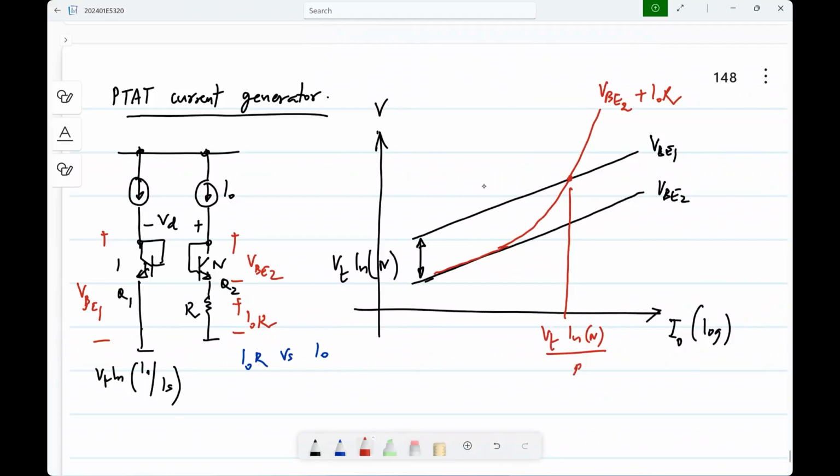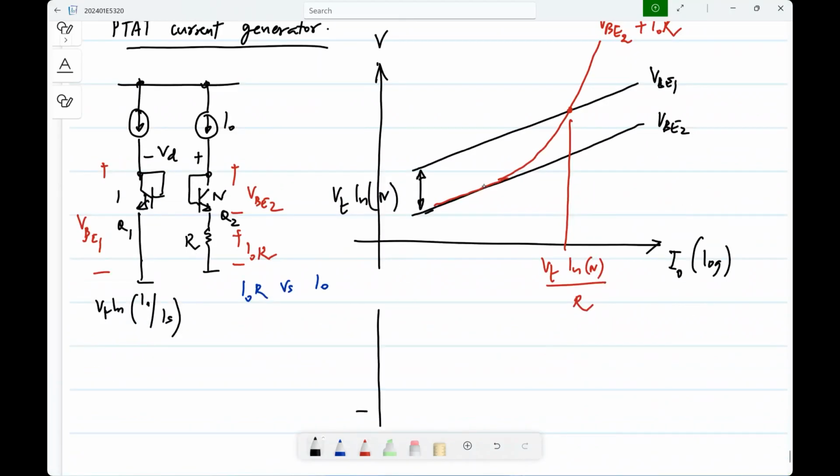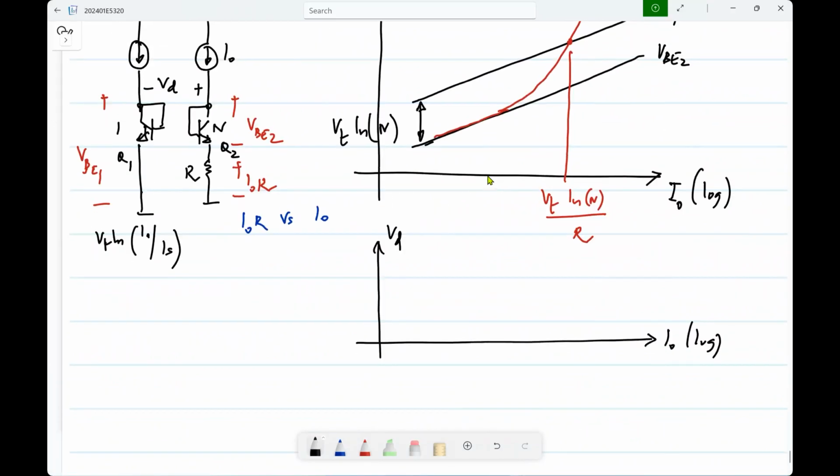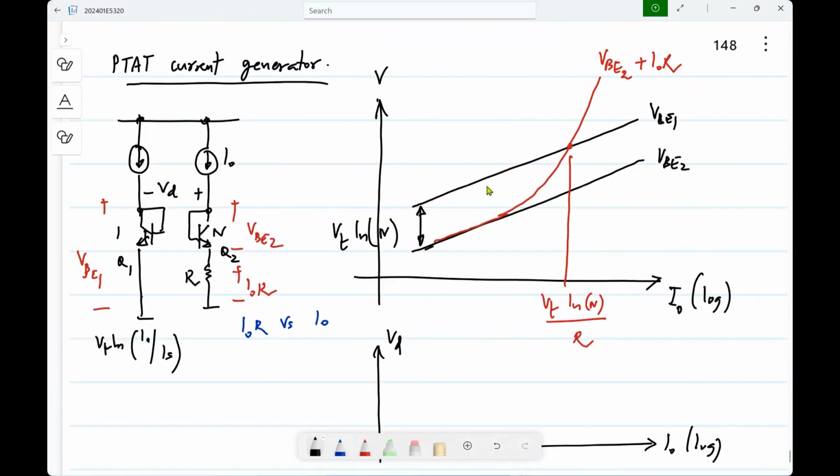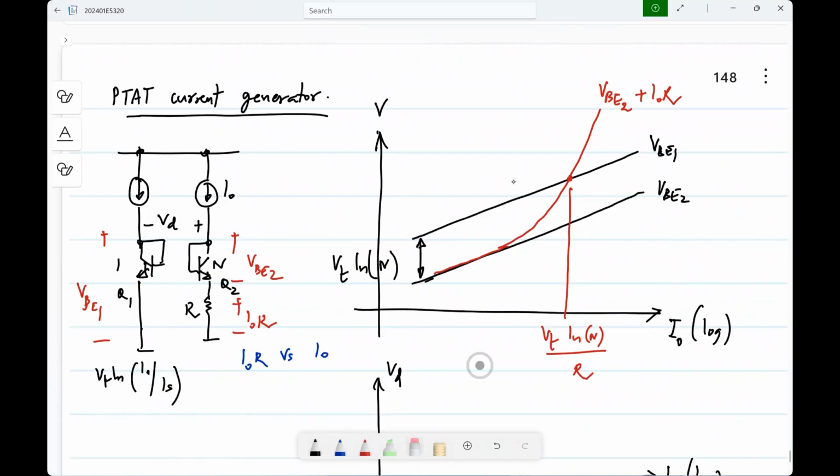Now if I plot only Vd versus I naught, what does that look like? Vd versus I naught. What is it? Basically, it's like shifting the horizontal axis over there, right? So it is just that part of it.